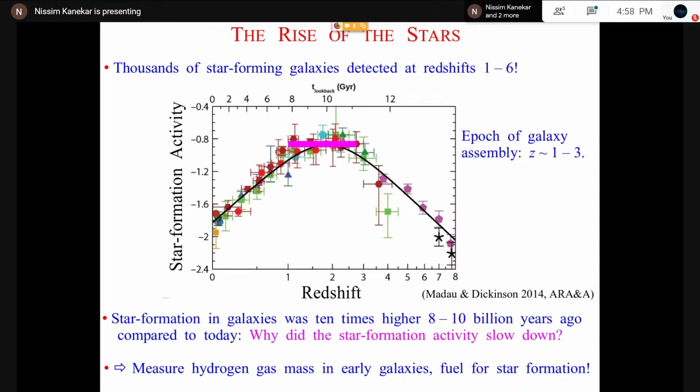And gas physics is much less well known than, for example, gravitational physics of dark matter. So you can predict things roughly, but I don't think you'd be able to make an accurate prediction which says that this will happen by redshift of 3, just because the gas physics is complicated. So the observations are really important over here. They have told us what star formation activity is like in the real universe.